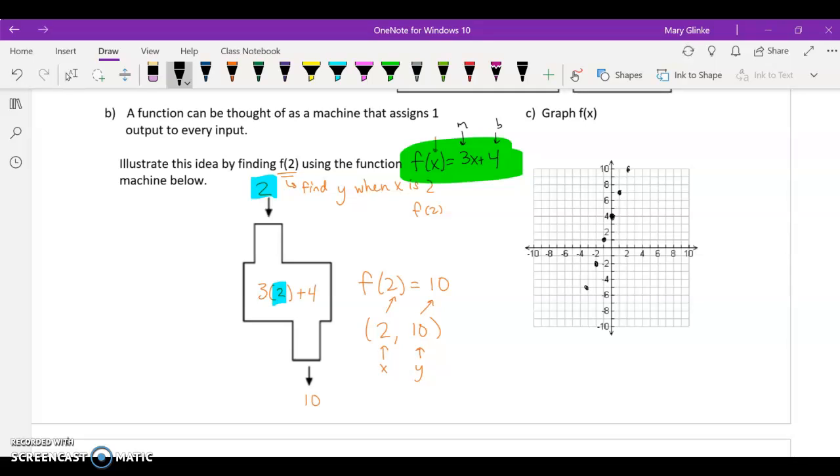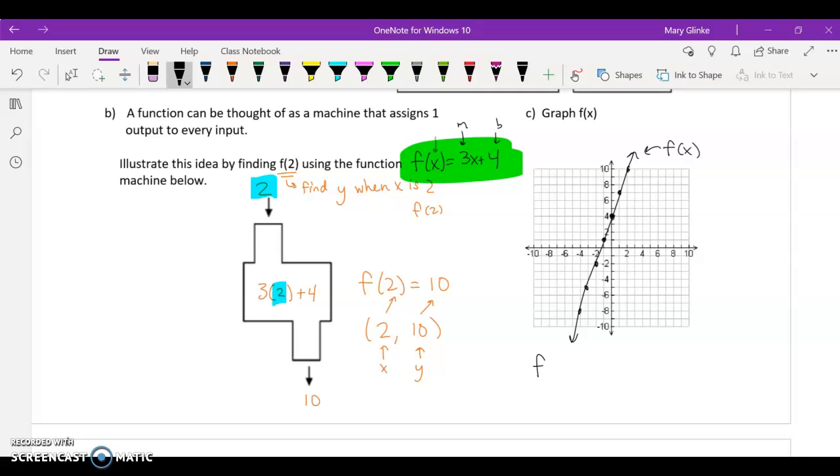You can still graph functions the same way you graphed your linears, and they were linear functions. So in function notation, it's the same thing. You also can get a graph, and if this is f of x, I actually can use my graph to help find things.